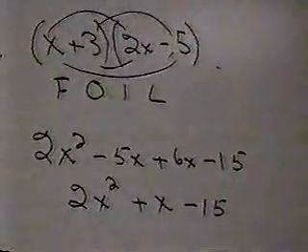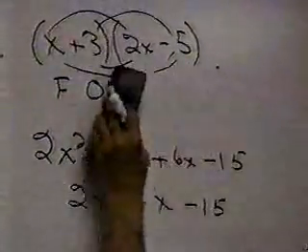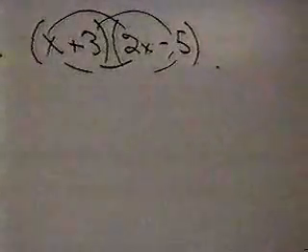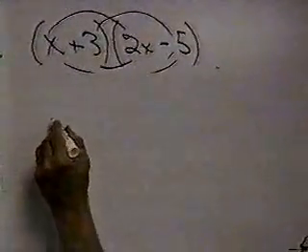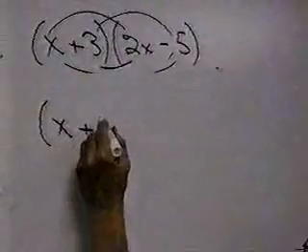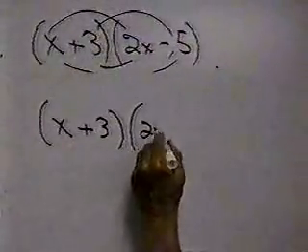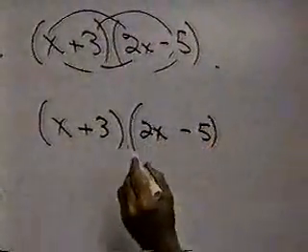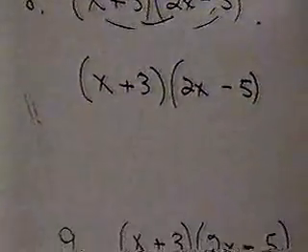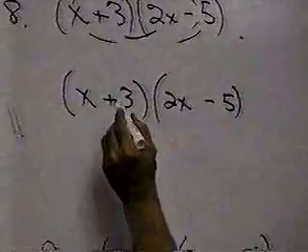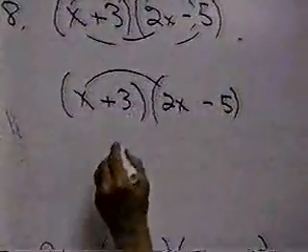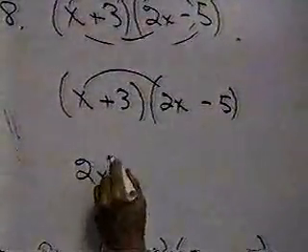All right, so I'm going to erase this and show the problem all over again the way I do it. Okay, so I'm going to have x plus 3 times 2x minus 5. Now here's the way I do it. And this is the method, to me, that in the other tapes you're going to do on factoring, this is the way you have to think it. First times the first, that's 2x squared.